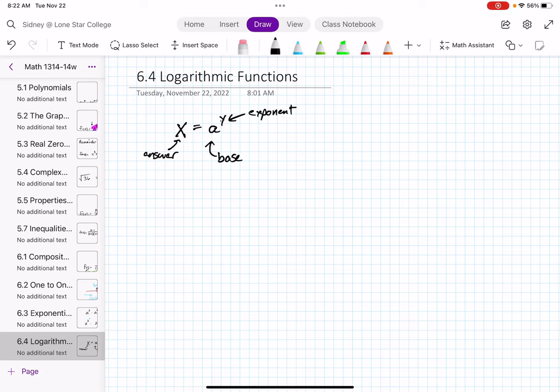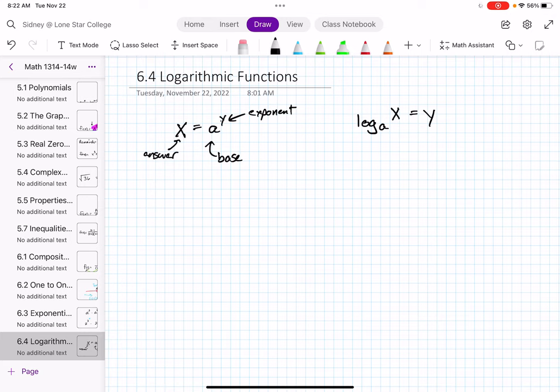Now, a logarithmic function is this mathematical relationship, but rearranged. And so what we have is log base a of x equals y. Now let's talk about what this means.